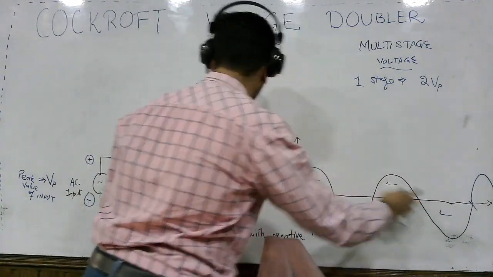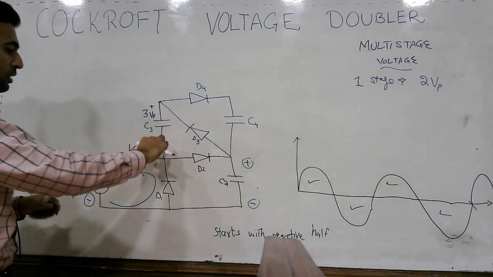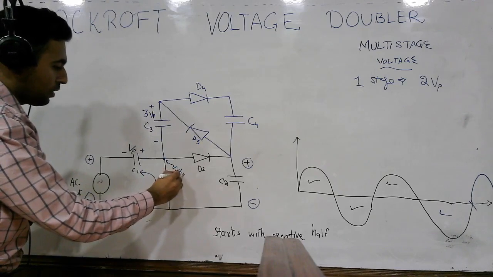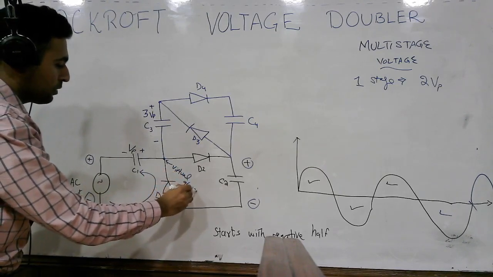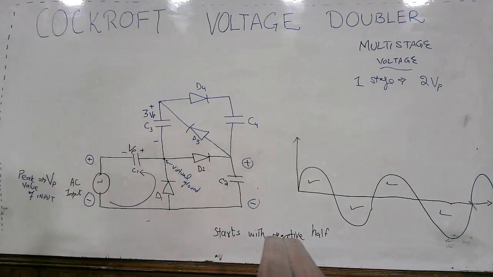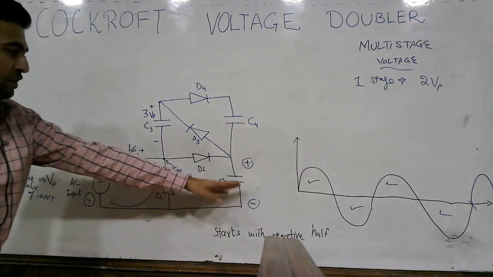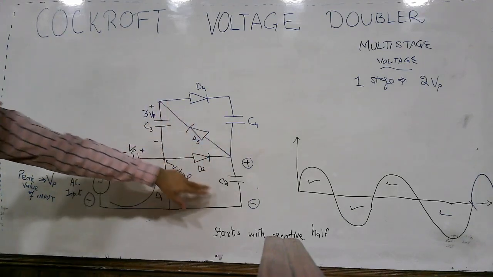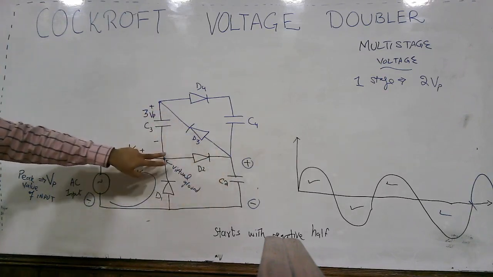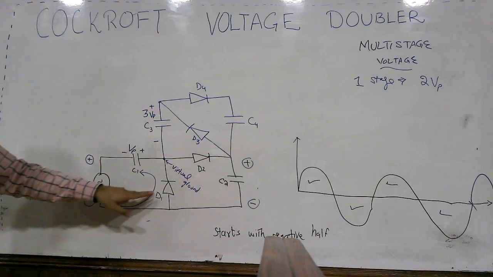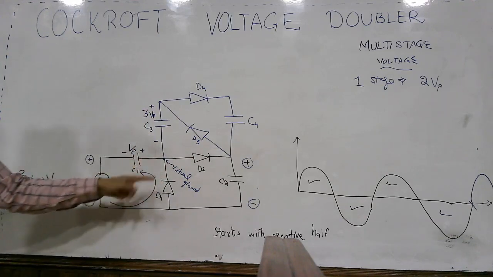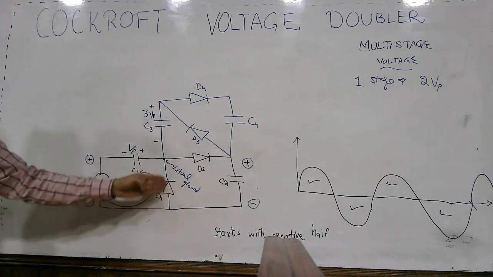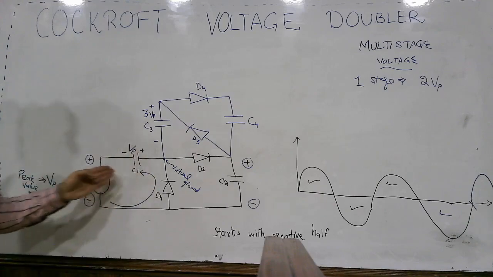During this half, when this capacitor was discharging into this capacitor, this point was acting as the virtual ground, because when this capacitor was discharging through diode D3 into the capacitor C3, the current flow was from here to here, and at the same time this capacitor was also charging in this way. So this point was behaving as a virtual ground. Obviously, because here is a low impedance path, capacitor C1 charged through this.